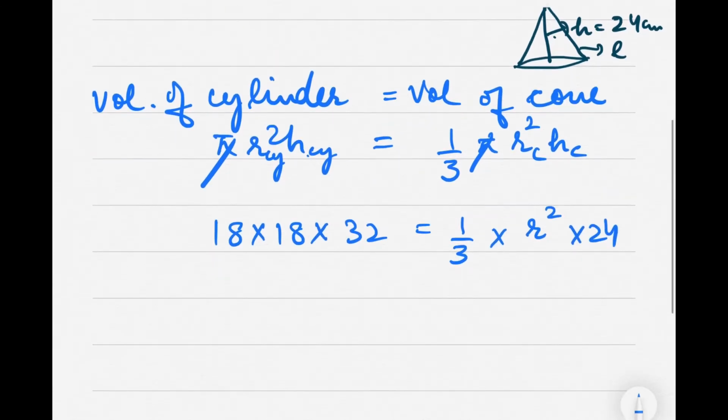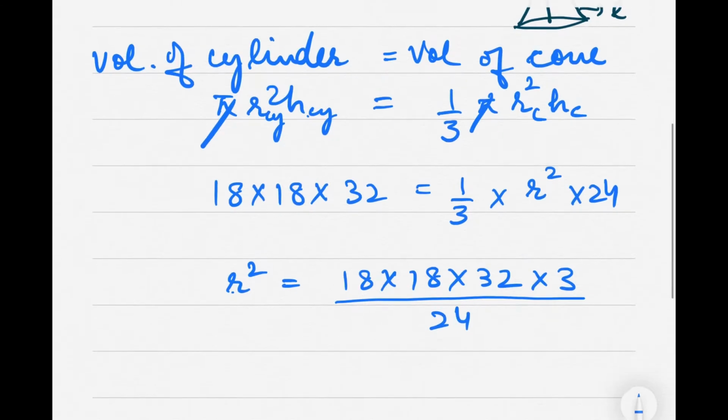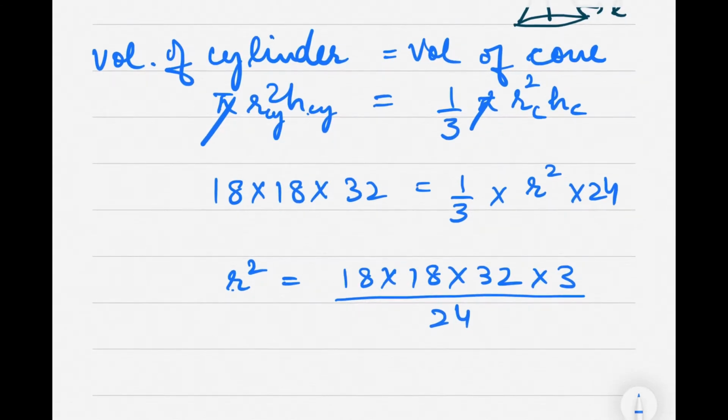Okay, so let's move all the things to the other side. So r square will be equal to 18 into 18 into 32, multiplied by 3 and divided by 24. So I brought 3 and 24 to the other side. So 3 eights are 24, and 8 times 4.